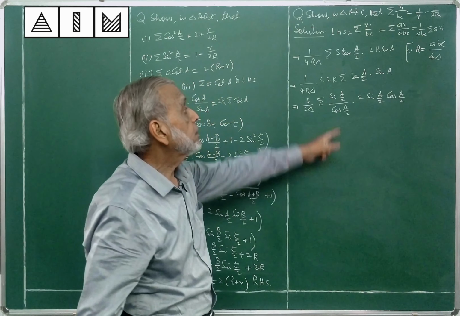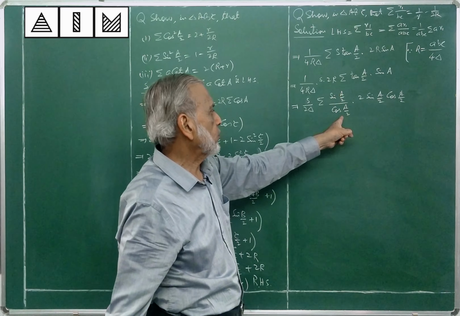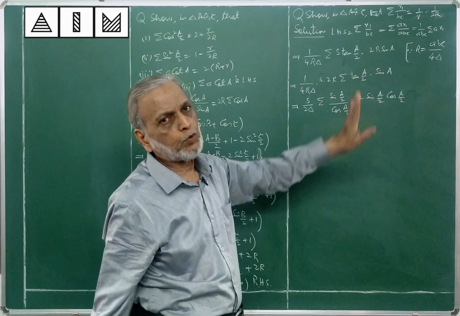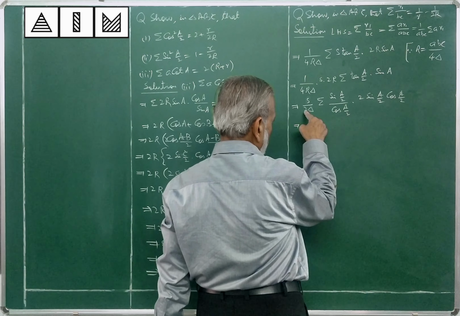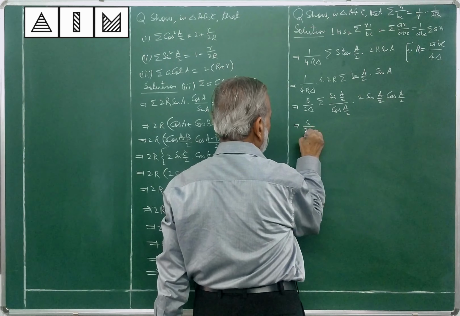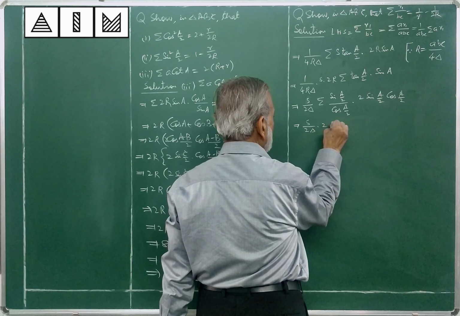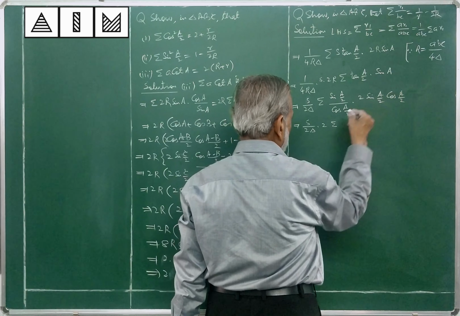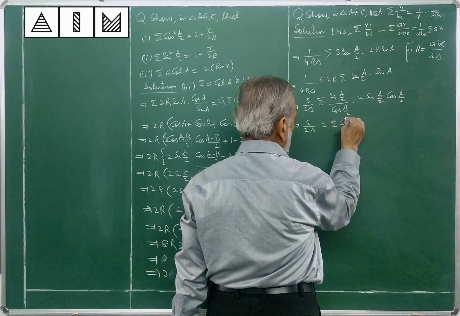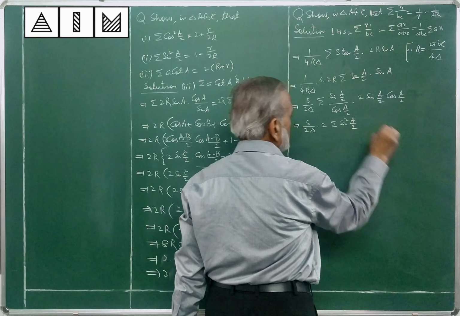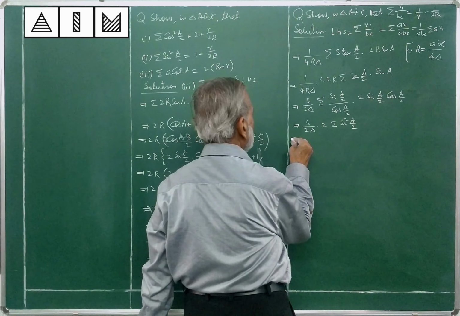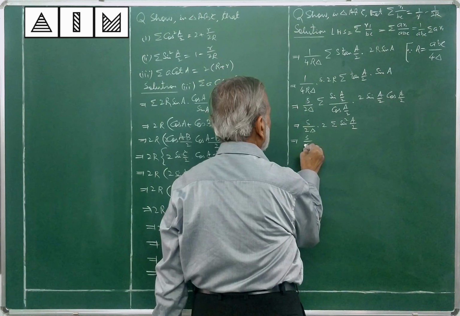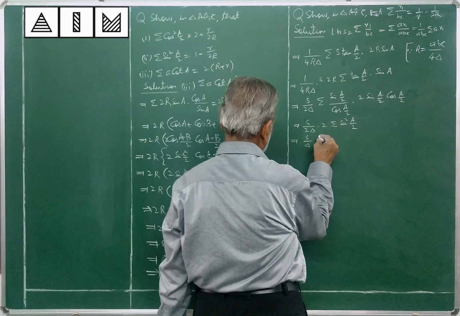This 2 comes out, and cos A by 2 cancels, leaving sin square A by 2. So s by delta sigma sin square A by 2.